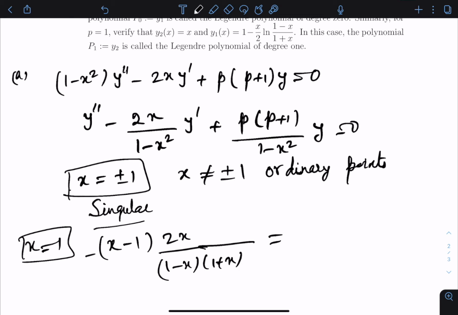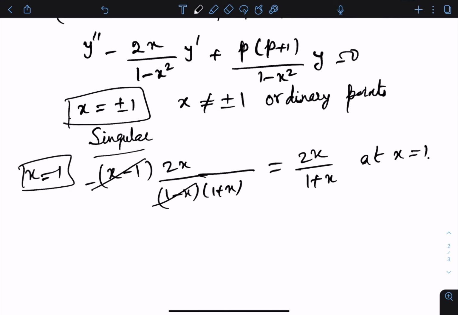You can see that with the minus sign, the factor cancels, and what you get is 2x over 1 plus x, which is an analytic function at x equal to 1. There's no problem at x equal to 1 here.